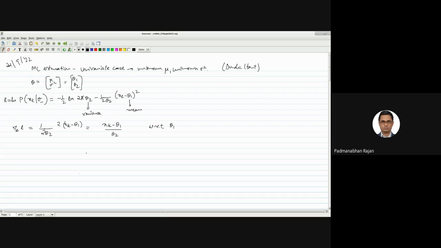So this will give me nothing but minus 1 by 2 theta2 plus xk minus theta1 the whole square by 2 theta2 square.